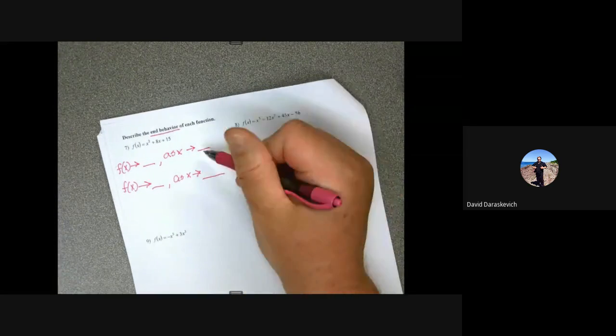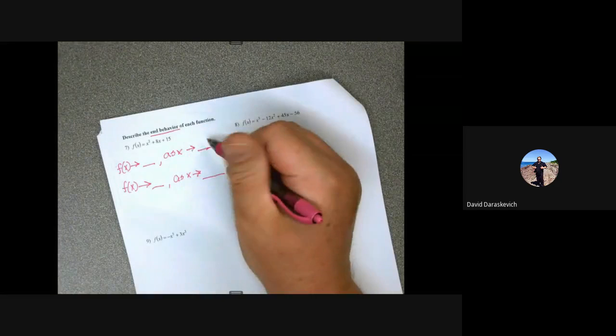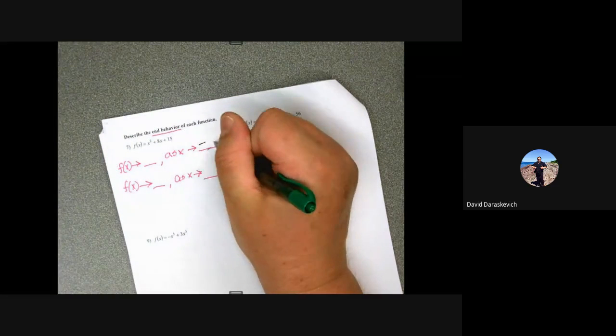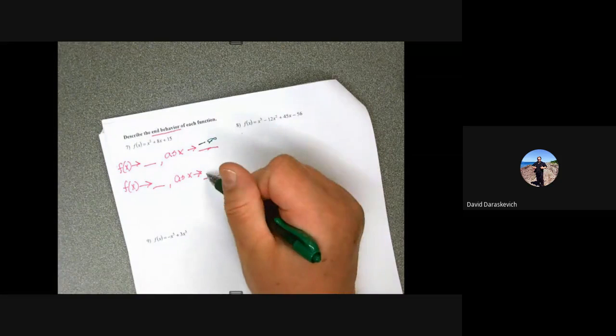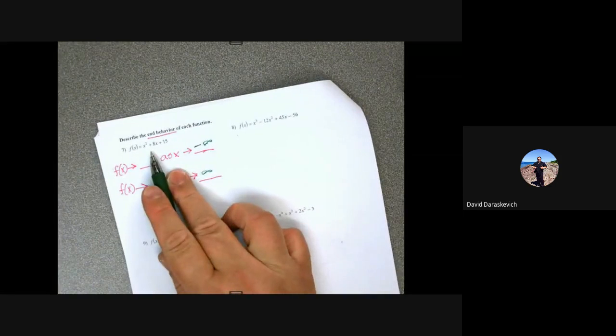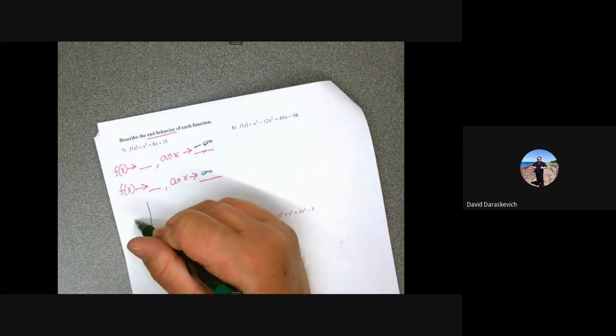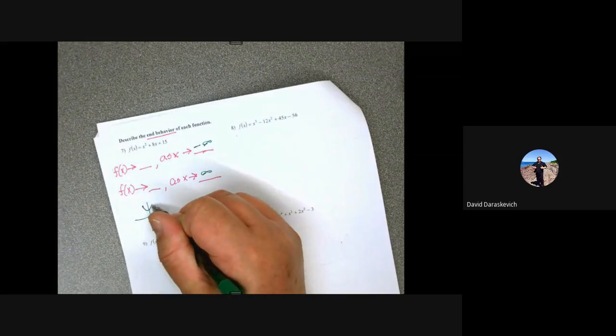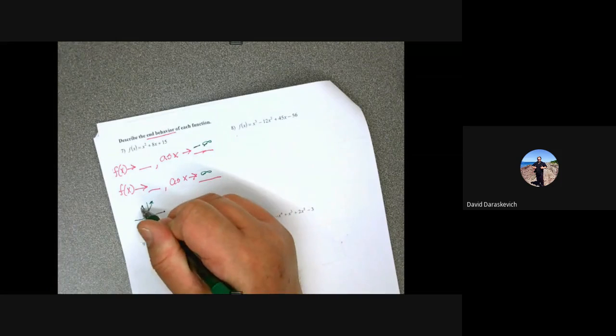And if you remember, we always start out as x goes to the left. I'll use a different color. Negative infinity. Usually these are filled in. Okay, so go ahead and put that in your calculator. Again, it's going to be a parabola up here at 15, something like that.